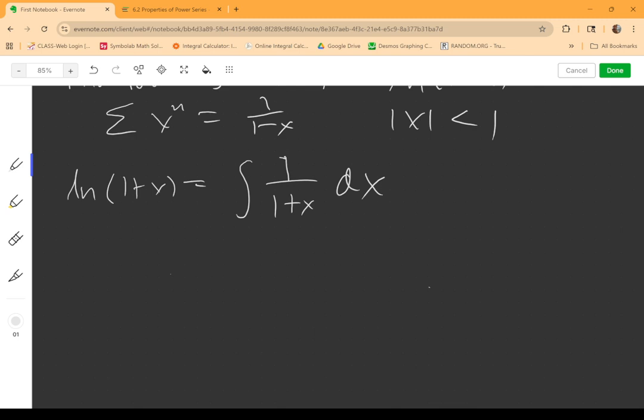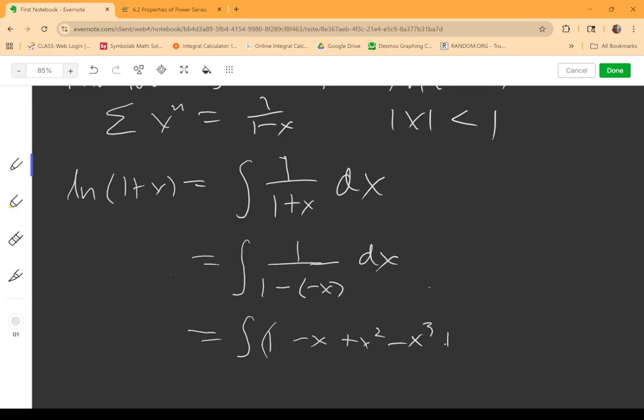Knowing that, let me rewrite this in our power series form. We're going to have the alternating series here, that is 1 minus x plus x squared minus x cubed plus x to the 4th, etc., dx.